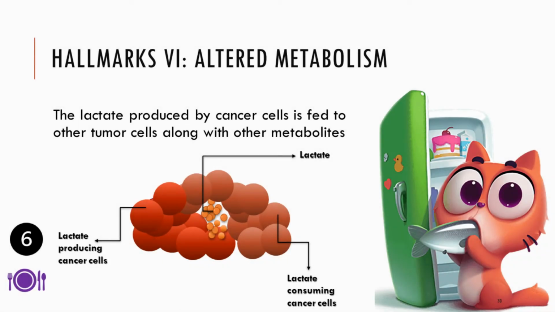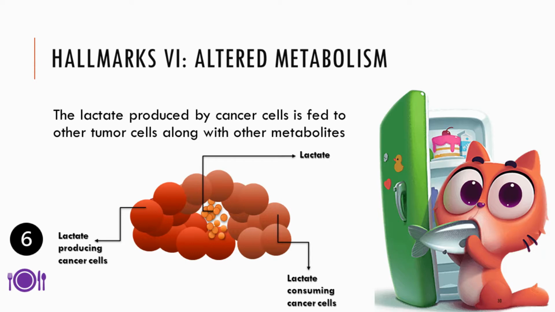When they convert that glucose into lactate, the surrounding cells in the tumor microenvironment, which could be cancerous or non-cancerous, consume lactate and other metabolites, which further promotes hallmark number 5, that is rapid growth.